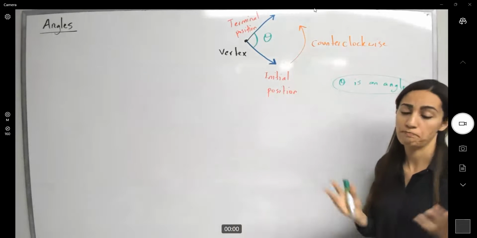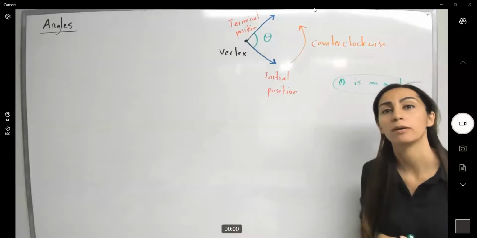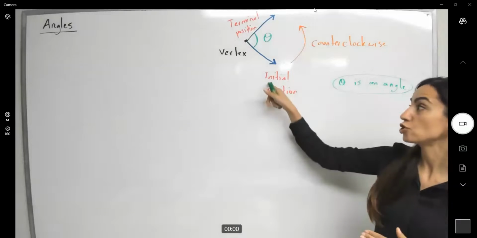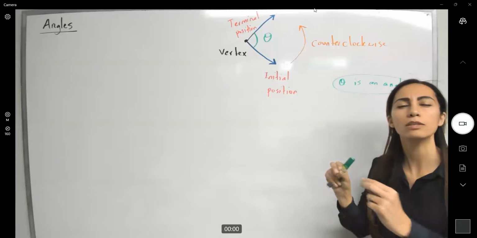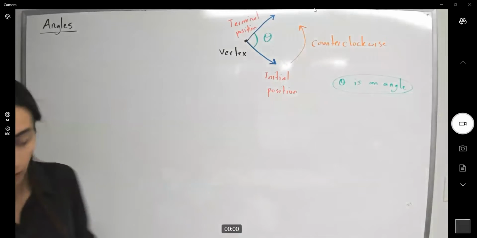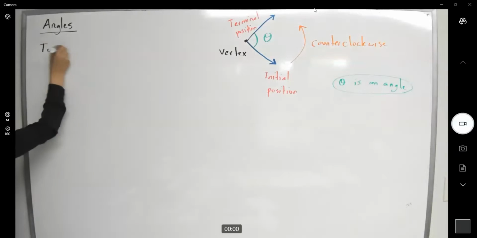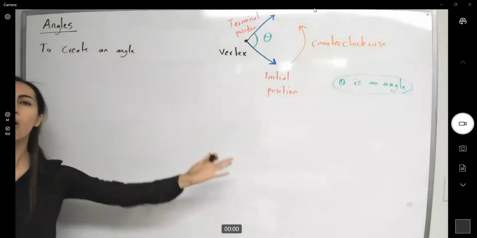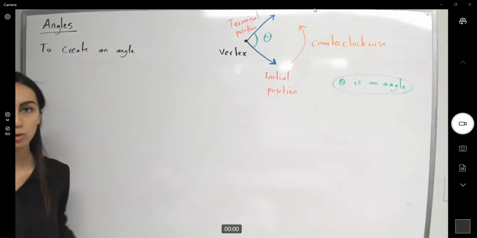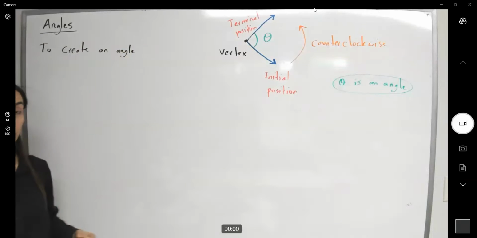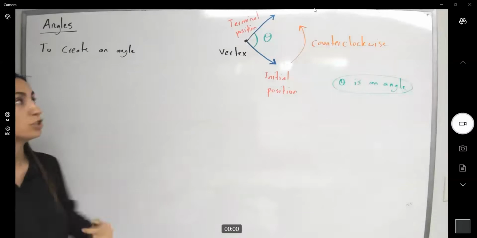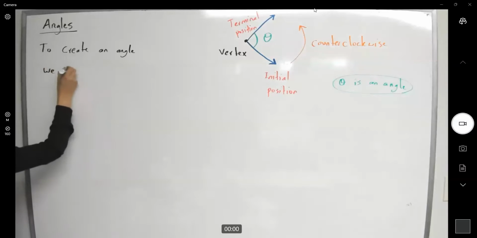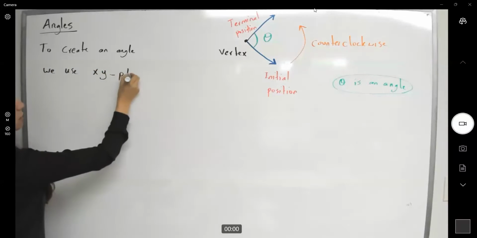Then mathematicians thought, well, since we have the XY plane, why not use the XY plane and put the initial position on the positive part of the x-axis? So that all people who study math have a common starting point definition. Let's define it this way. To create an angle, we use the XY plane.